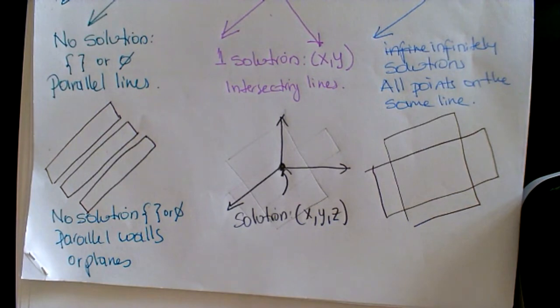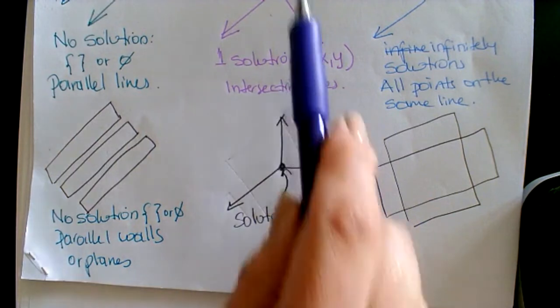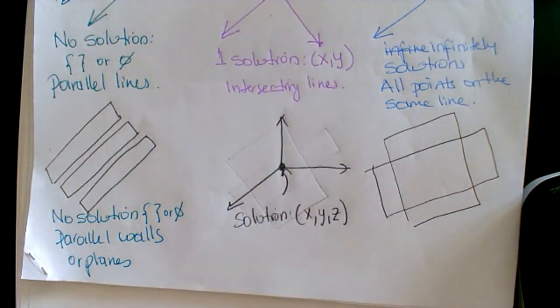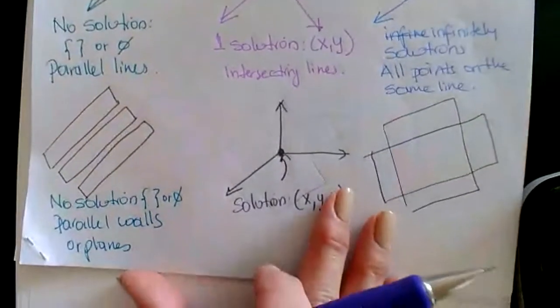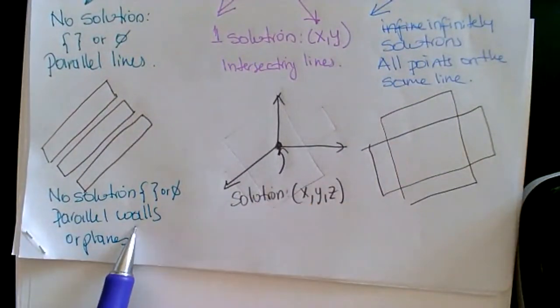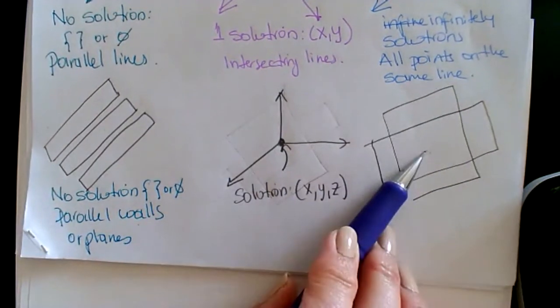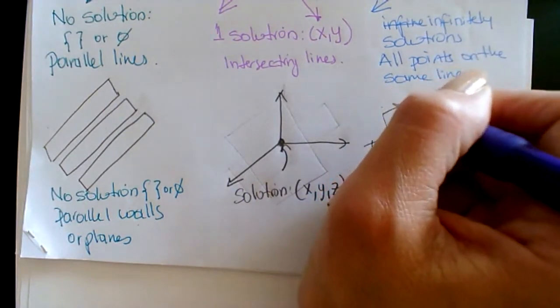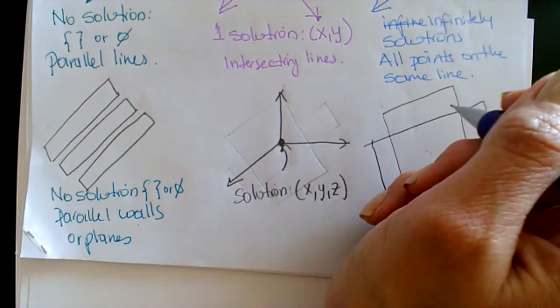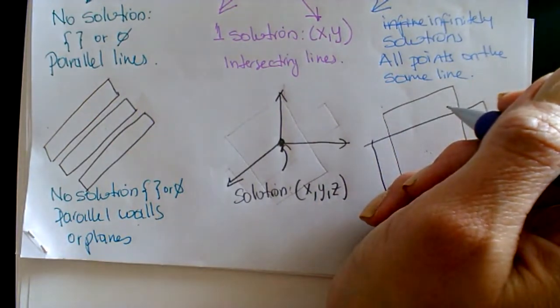And then the second one, this is where two walls intersect in a line. Okay? Yes, parallel lines. And then this one is intersecting planes at a line, that would be like the bottom of the floor.